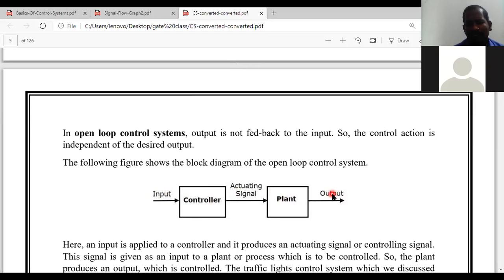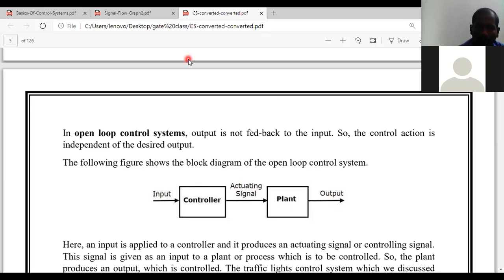Is any feedback path there? No, sir. There is no feedback. Whatever the input is, it goes to the controller. The controller generates the actuating signal, which is nothing but the controlling signal, and then it goes to the plant, and here you get the desired response.